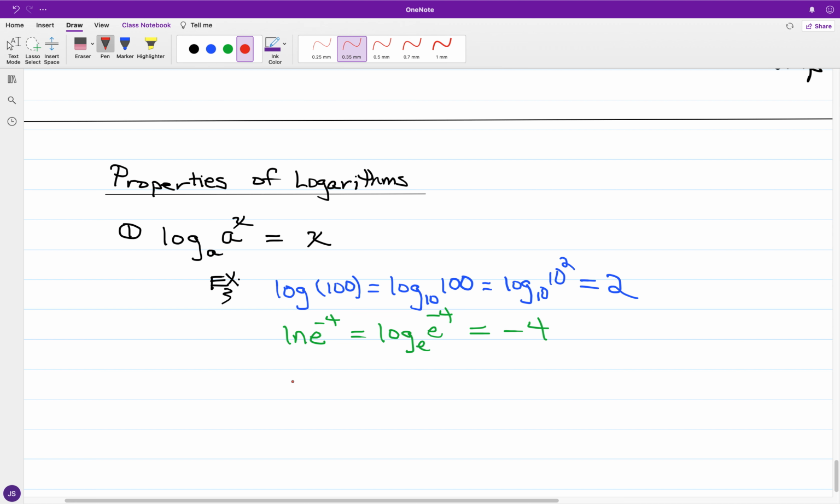And let's say for something that we don't have on many calculators, a base other than natural or base 10. Let's say I have a base 5 logarithm of 125.